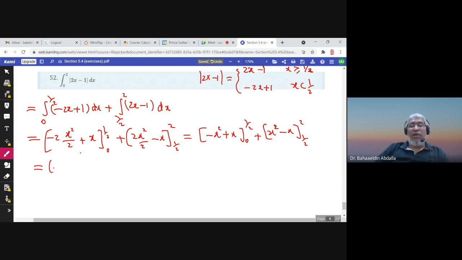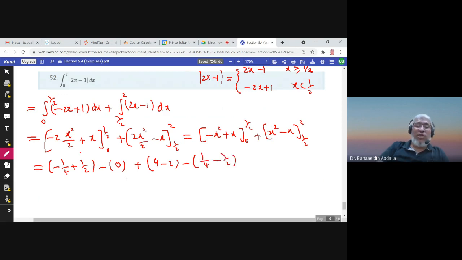So I will have negative half square, which is 1 over 4, plus half minus. Now replace x by 0, 0 square plus 0. So this is just 0 plus. Here I replace x by 2. 2 square is 4 minus 2 minus. Now I replace by half. Half square is 1 over 4 minus half.